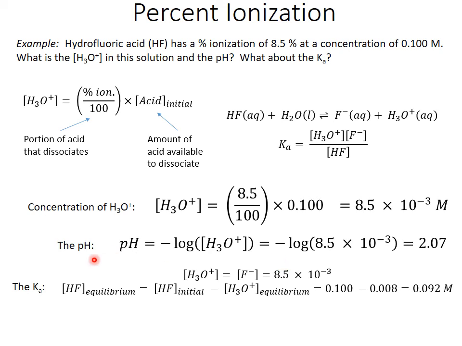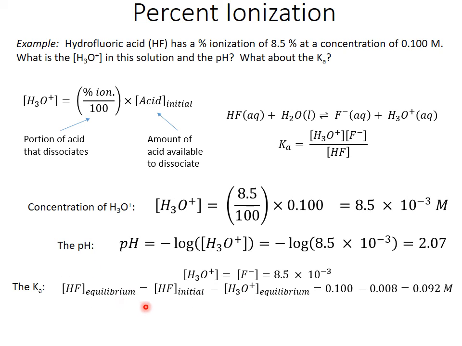To get at the equilibrium HF concentration, we need to take a look at the relationship between the initial and equilibrium concentrations represented by the percent ionization relationship. We can say that the initial concentration of HF minus the equilibrium concentration of H3O+ should equal that equilibrium concentration.